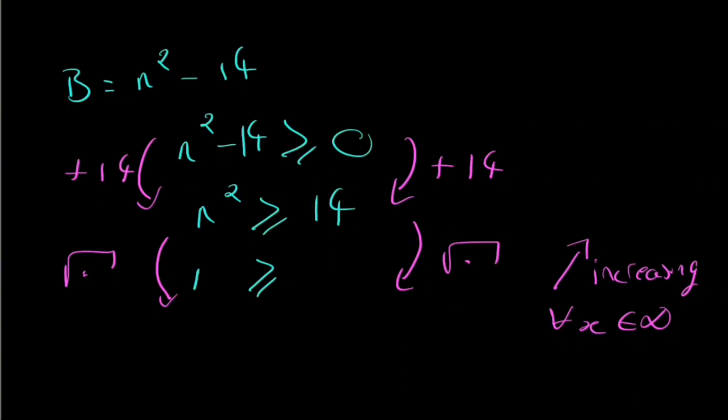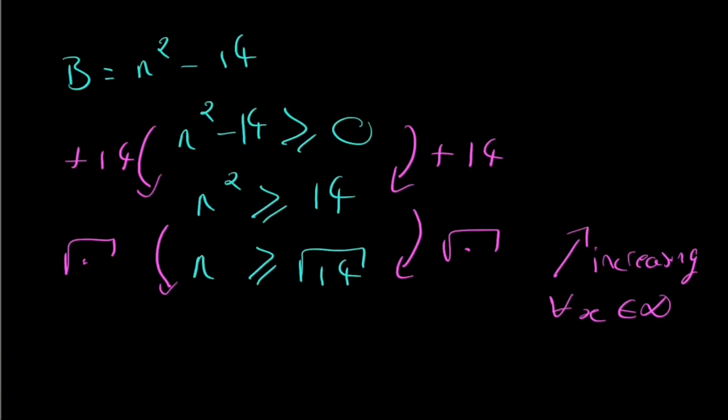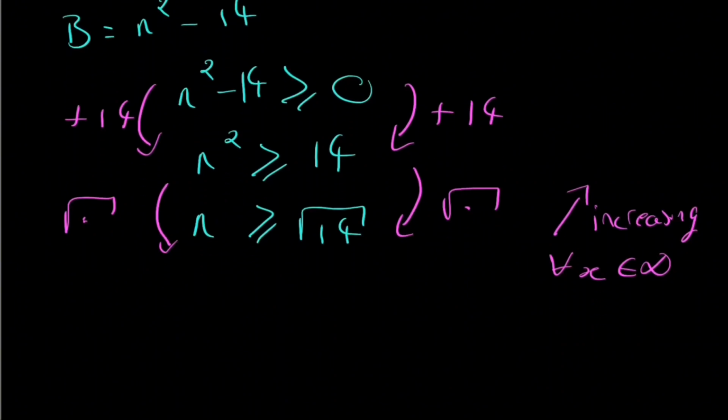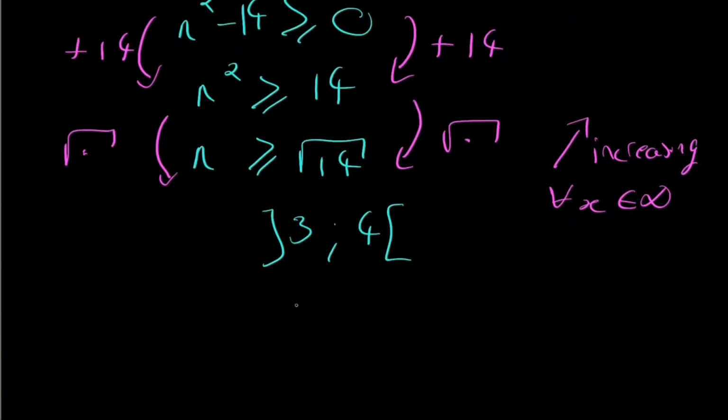So we've got n superior or equal to square root of 14, and we have to know that the square root of 14 is something between 3 and 4, not included, because 3 squared is equal to 9, lower than 14, but lower than 4 squared, which is equal to 16.